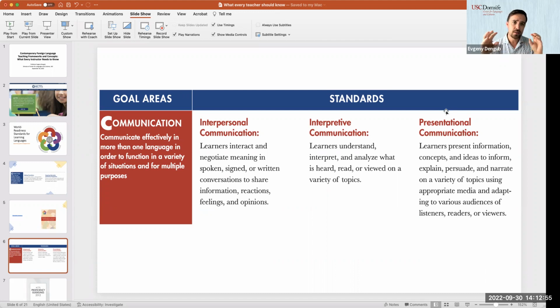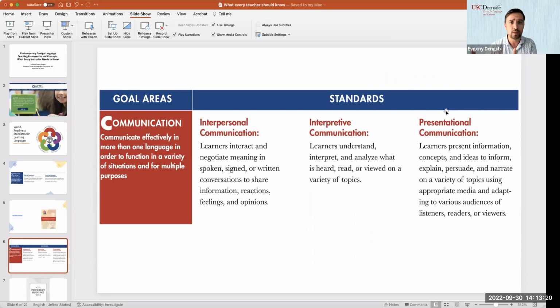So it is very important to address all three modes of communication in your class. When you devise your lesson plan, when you work on your syllabus, you should always pause and think, okay, what am I doing with my students?